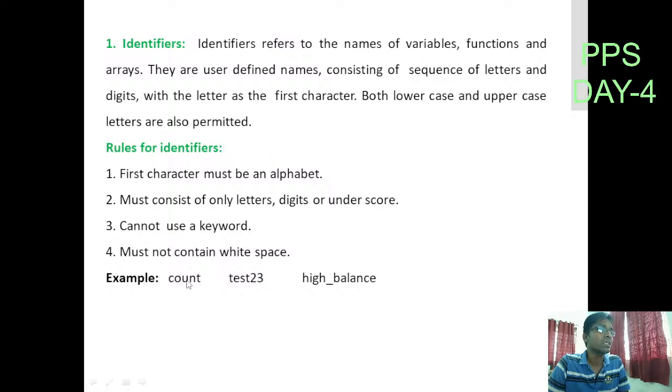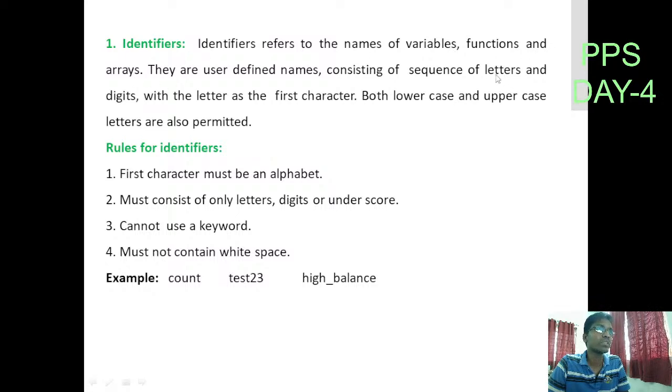So that's why the name can be called an identifier, whereas count is equal to 5 can be called a variable. Here, identifier refers to the names of variables, functions as well as arrays. Why?